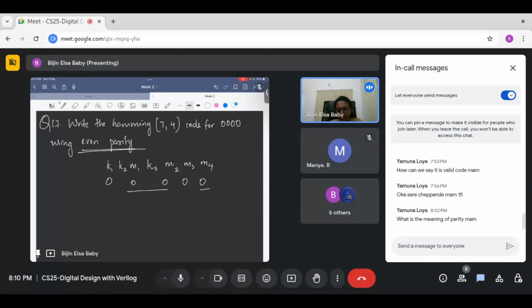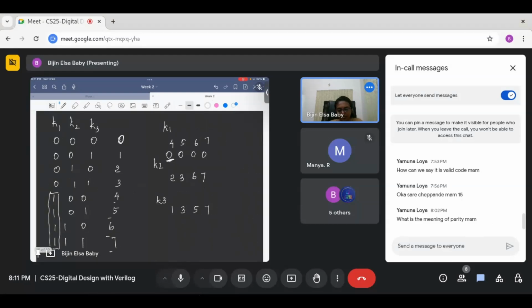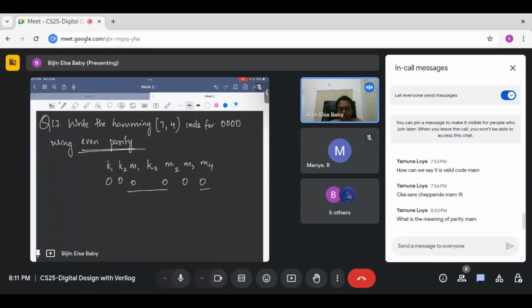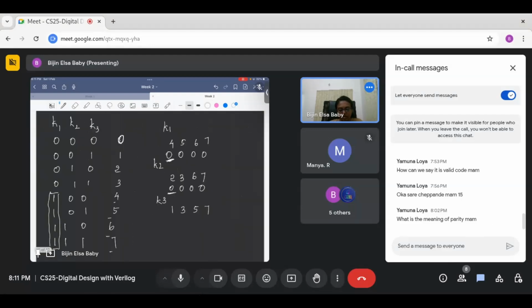Here 2 is not there, and 3, 6, 7 are 0, 0, 0. So with even parity, this value will be 0. So K2 will be 0.